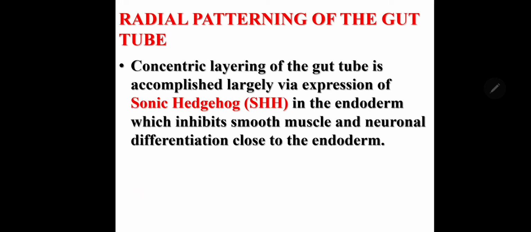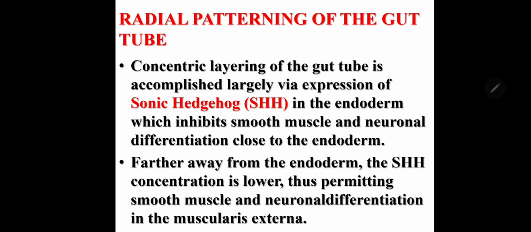Radial patterning, that is the formation of layers, mucosa, submucosa, muscular and serosal layers, is by the expression of the sonic hedgehog gene in the endoderm, which inhibits smooth muscle and neuronal differentiation close to the endoderm. So further away from the endoderm, SHH concentration is low, thus permitting the formation of the muscular layer and the muscularis externa in the radial pattern.